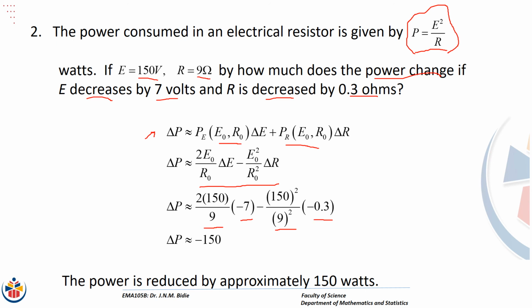And then we get our approximate power that has been consumed by that resistor to be negative 150 watts. Hence, we say the power is reduced by approximately 150 watts. That is your final answer. Please make sure that you have that final conclusion in words, because it was a word problem.